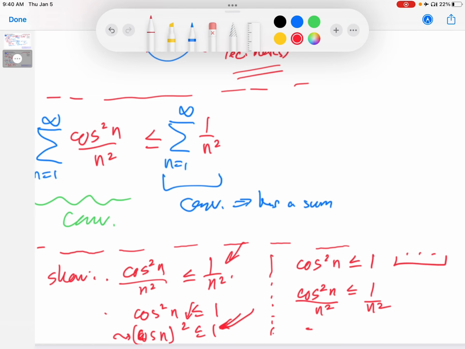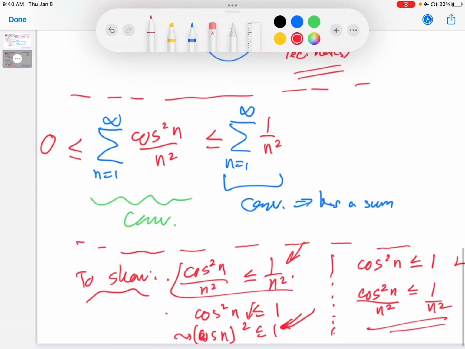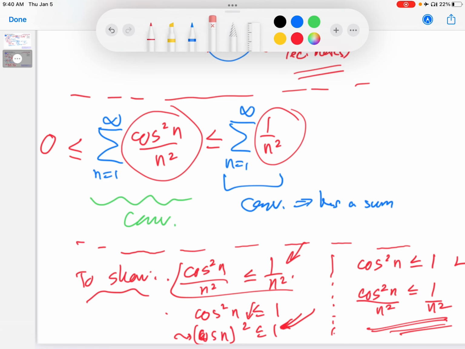And then there we go. That's it. I'm back to what I wanted to show, and we did it over here. So that's just a really quick way to handle this part of the direct comparison test, and we'll do this again for the second example in a minute: showing the inequality between a_n, the series you started with, and b_n, the series that you generated.